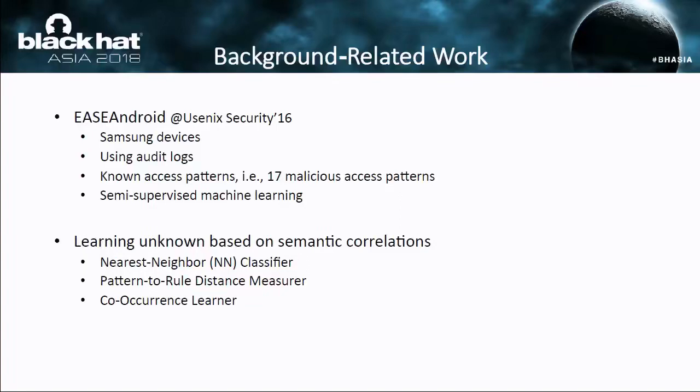This is based on an observation that if an attacker wants to exploit some vulnerabilities, the attack will also contain a series of operations, and so they want to find the relationships in the series of operations.